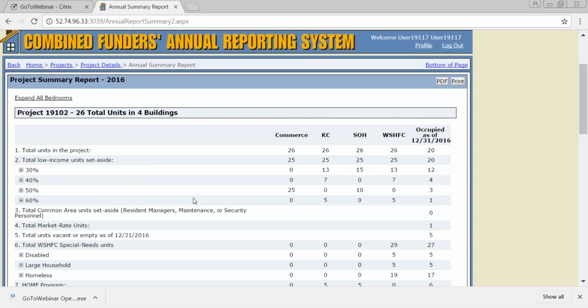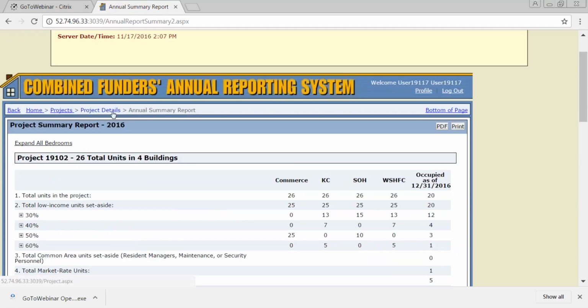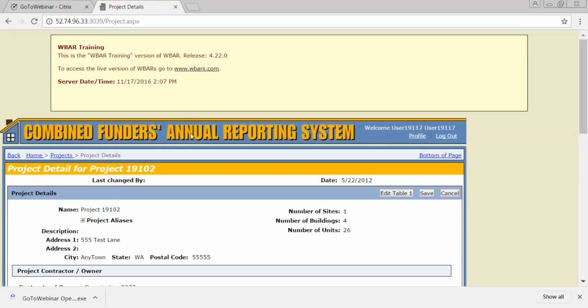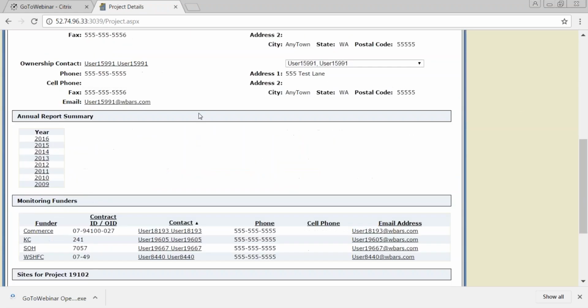So now we're going to move on to how to complete HOME fields for a tenant that you've moved in. So we're going to go back to the project details, and I'm going to shift over to Table 1. And I'm going to get to Table 1 what we call the long way, so it'll show where all the tables are.